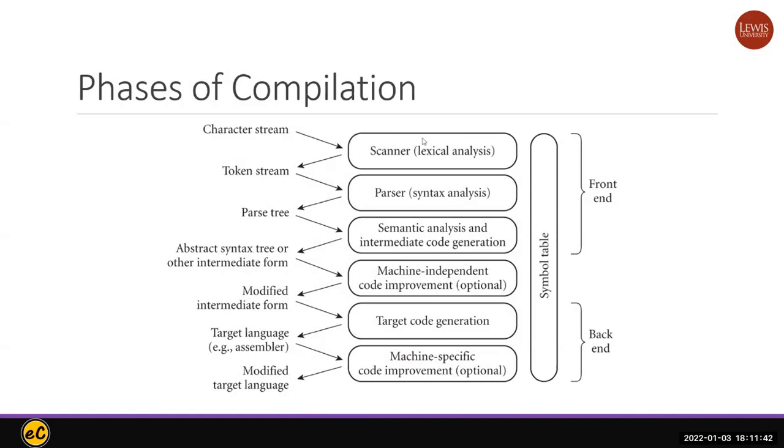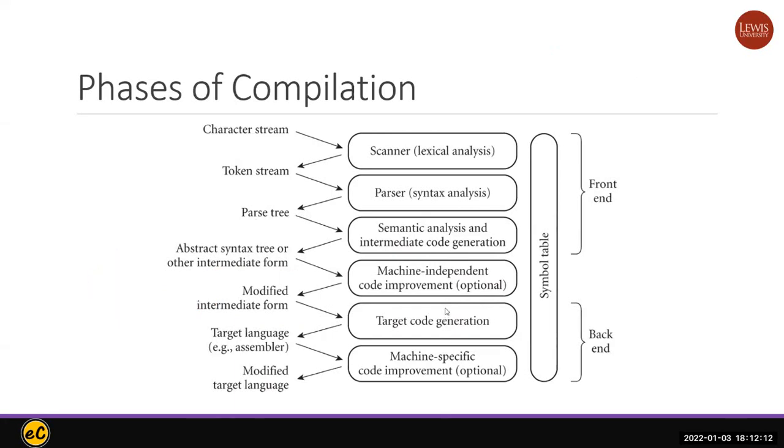And the fourth stage is code generation, but it is machine independent generation, so we can call it the intermediate code, or sometimes bytecode. The compiler may finish at this stage.